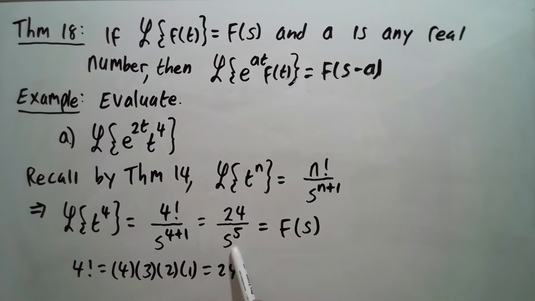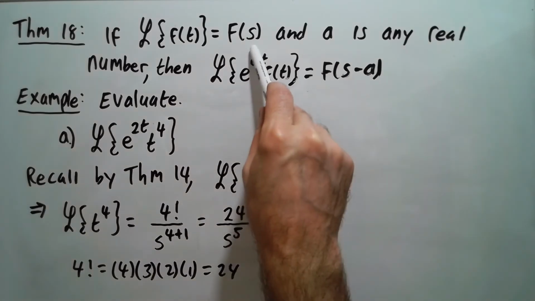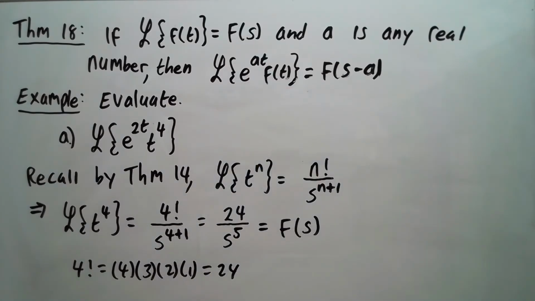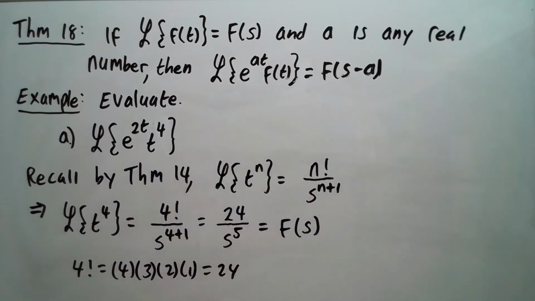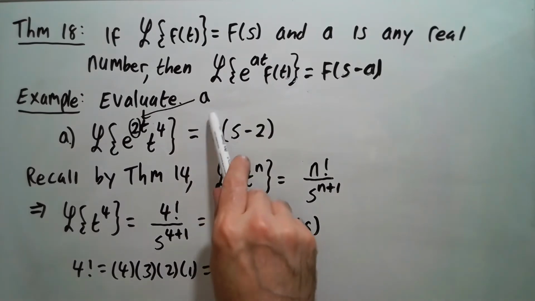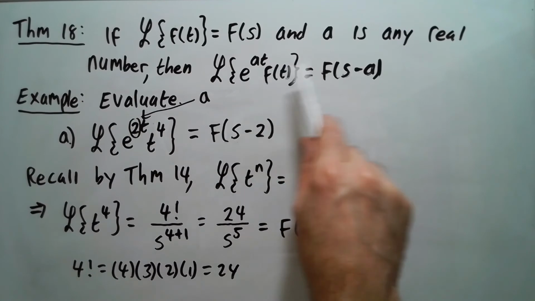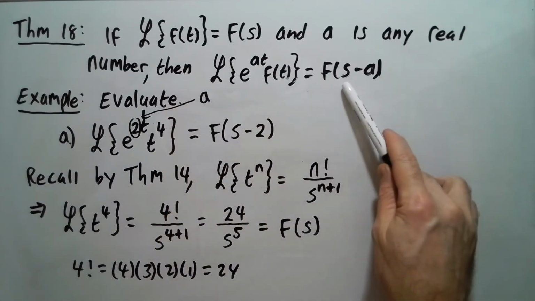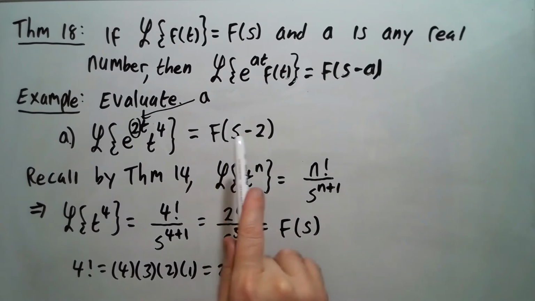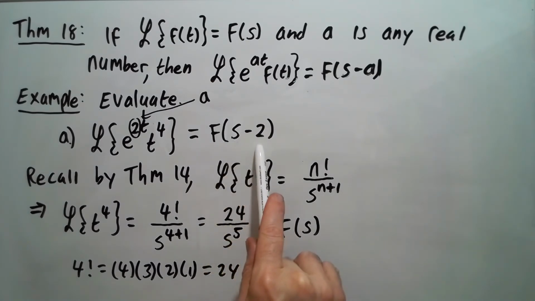So that's what we'll be calling our big F of s here in the Theorem 18 up here. So our a is going to be 2, it looks like. Let's note that. Okay, so our a then is 2, looking at Theorem 18 up here. So Theorem 18 says it's going to be big F of s minus a, so it's going to be big F of s minus 2 in our case.